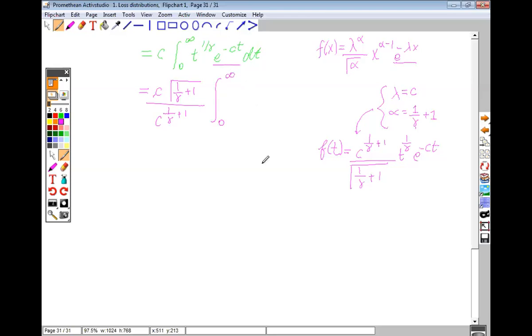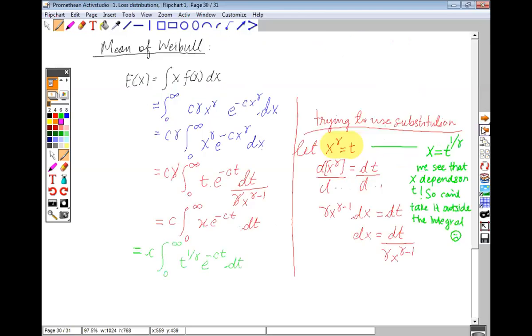And integration from 0 till infinity. So we didn't discuss what will happen to the integrals while we were substituting. You have to remember that, at least in this case, the integrals do not change, but sometimes these might change. We know that for x equal to 0 and x equal to infinity, we have this integral where x is changing. But now when we redefined it, we are changing with respect to t.